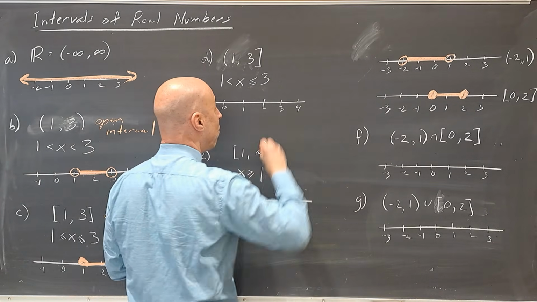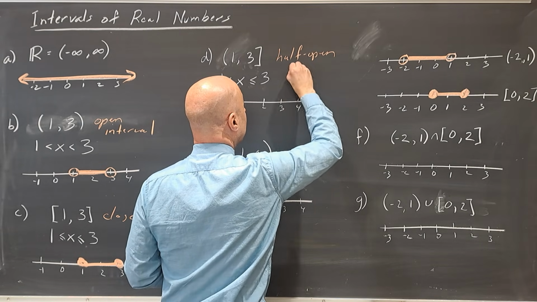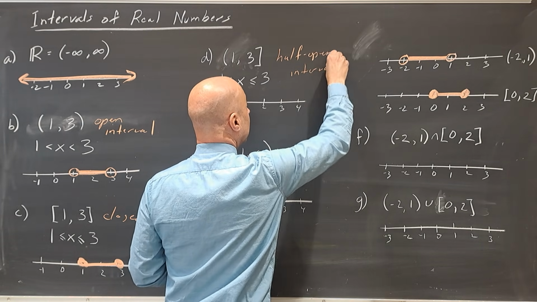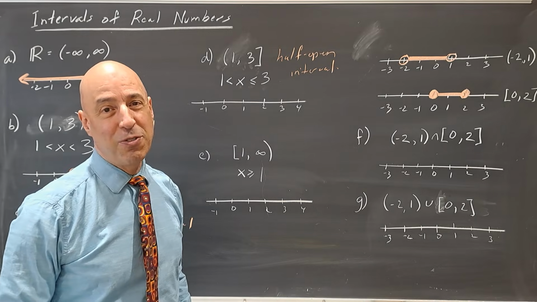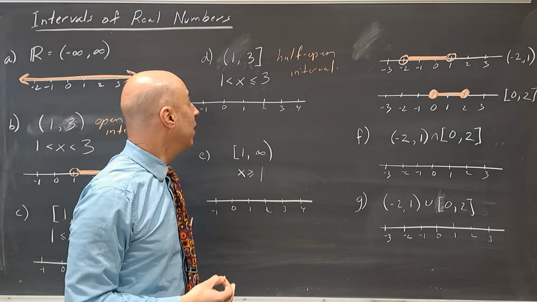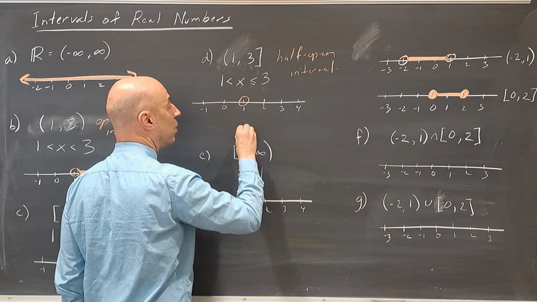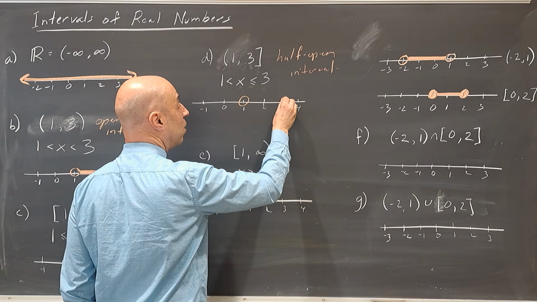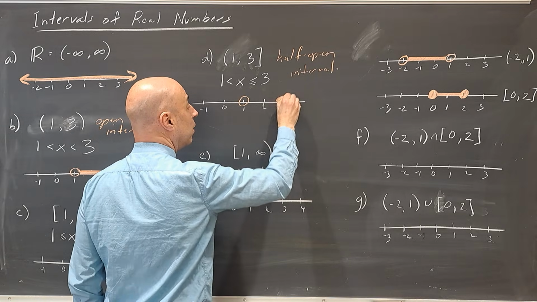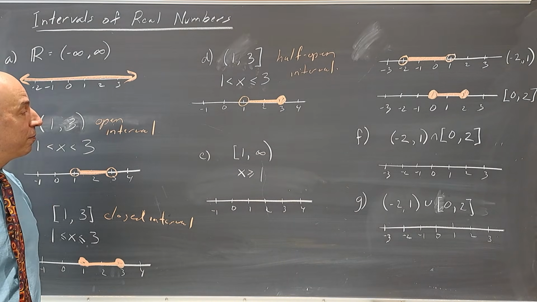This is called a half open interval. If you call it a half closed interval, I think anybody would know what you were talking about, but the typical way to refer to this is as a half open interval. And here we're going to put an open circle at 1, we're going to put a closed circle at 3, and we're going to fill everything in the middle in.